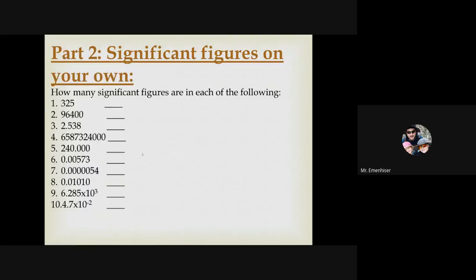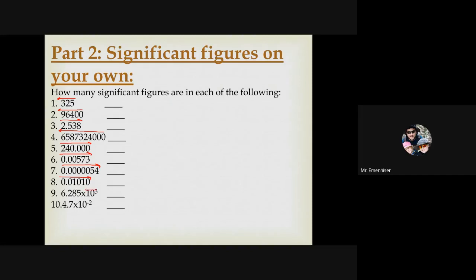Okay, and then I've got this for you guys to do. I'll go ahead and draw the arrows so that you can see which way you need to read these numbers. Read that one that way. Read that one that way. This one has a decimal, so that way. This one has no decimal, so we'll read it that way. This one has a decimal, so we'll read it that way. Same thing, same thing, same thing.